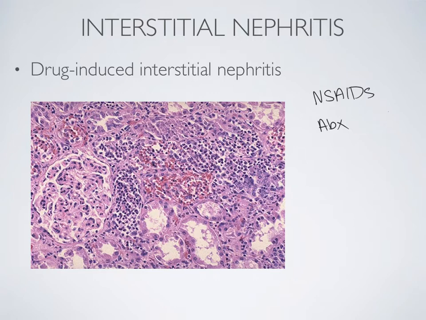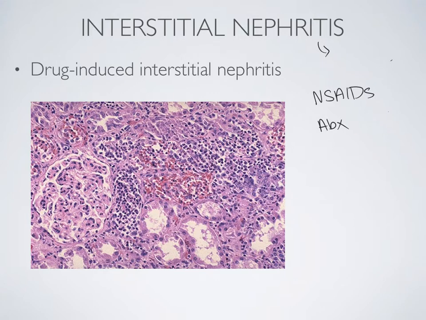We're not exactly sure of the mechanism, but a lot of people are sensitive to synthetic drugs, and synthetic drugs in other classes as well. But the antibiotics, because they're so frequently given, are a very frequent cause of interstitial nephritis. Most of the time, if you stop the drug that's causing the kidney failure, the interstitial nephritis will resolve and a person will go back to normal kidney function.